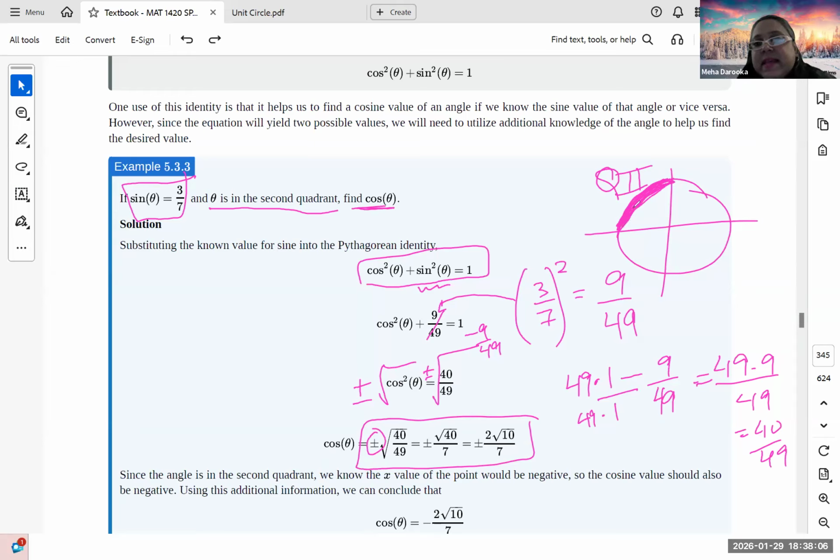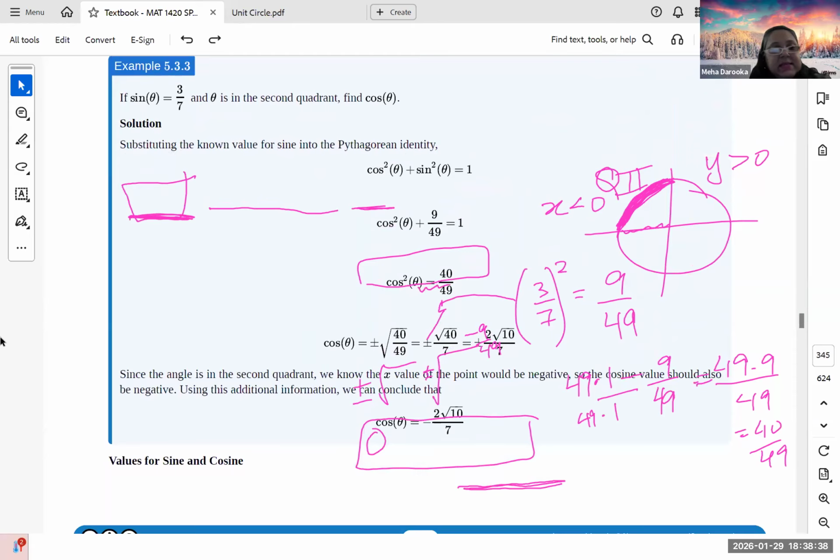So we know in the second quadrant, all the y values are going to be positive, and we can see that our sine was a positive value. But we know all the x values in the second quadrant are actually going to be less than 0, which means your cosine value is actually going to be negative. So you can see they're telling you that because you are in the second quadrant, your x value would be negative, which would then in turn make your cosine value be negative.